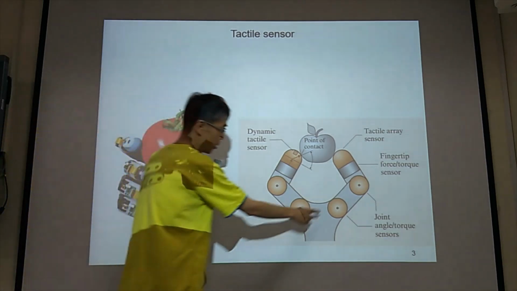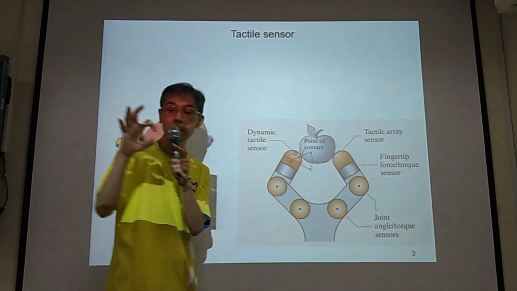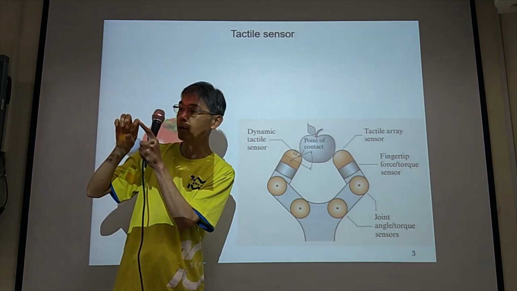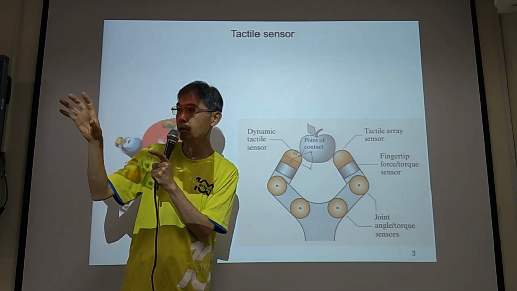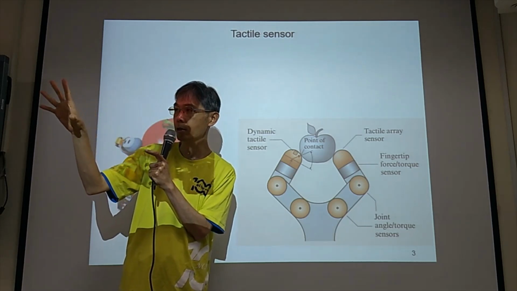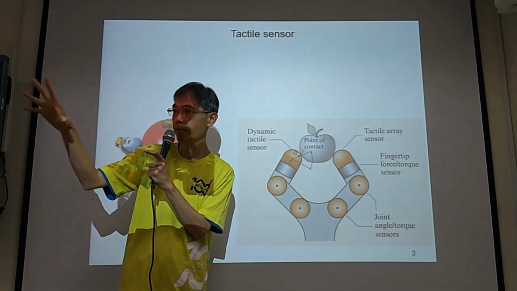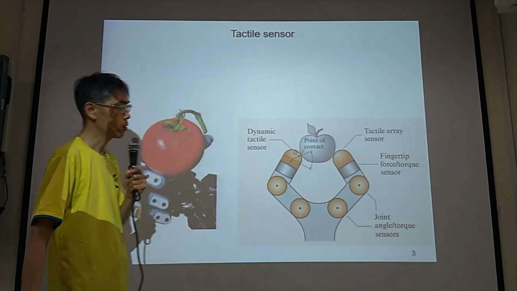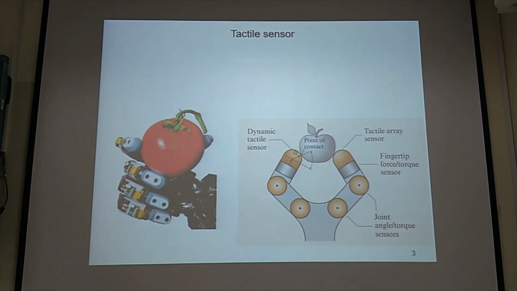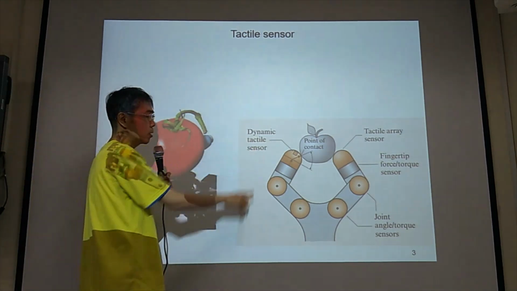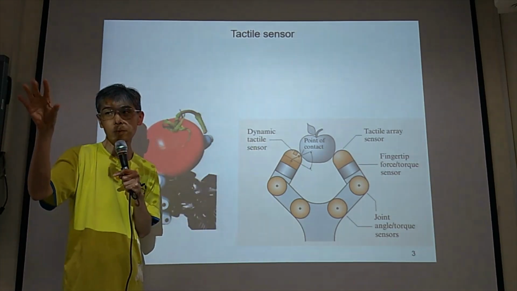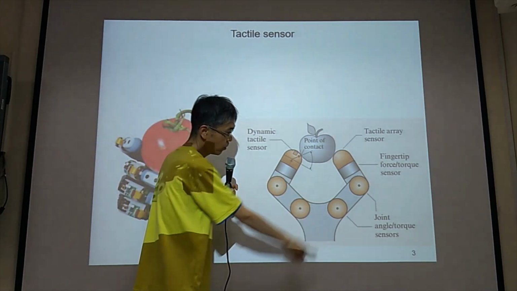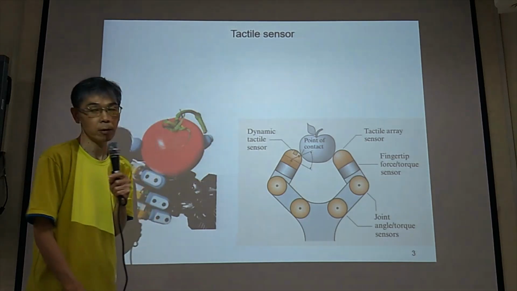Then at the joint. So we have many joints here. The robotic hand. At the joint, we need torque sensor. Then we can apply the torque to grab the tomato. Okay, so all the touch sensor, tactile sensor is pressure sensor, and force torque sensor, and angle torque sensor.